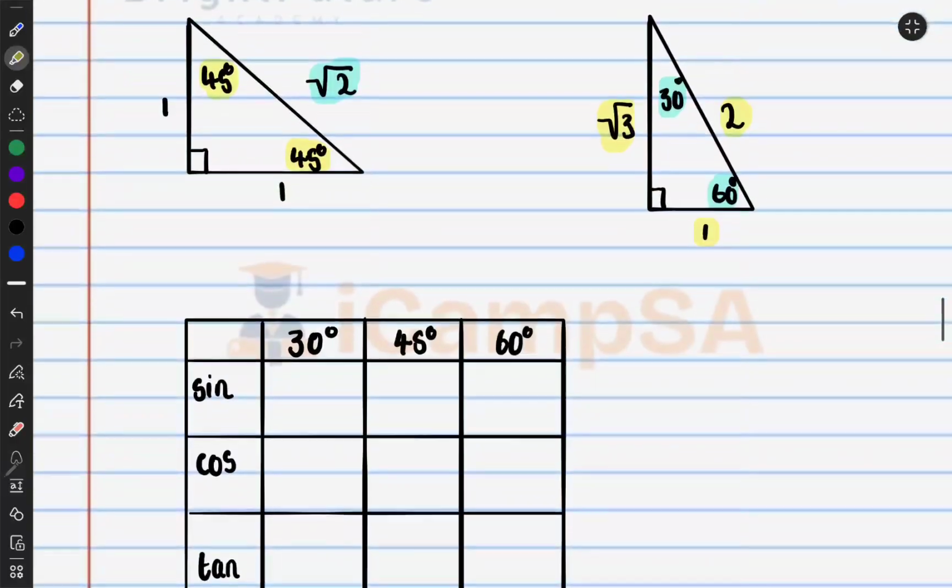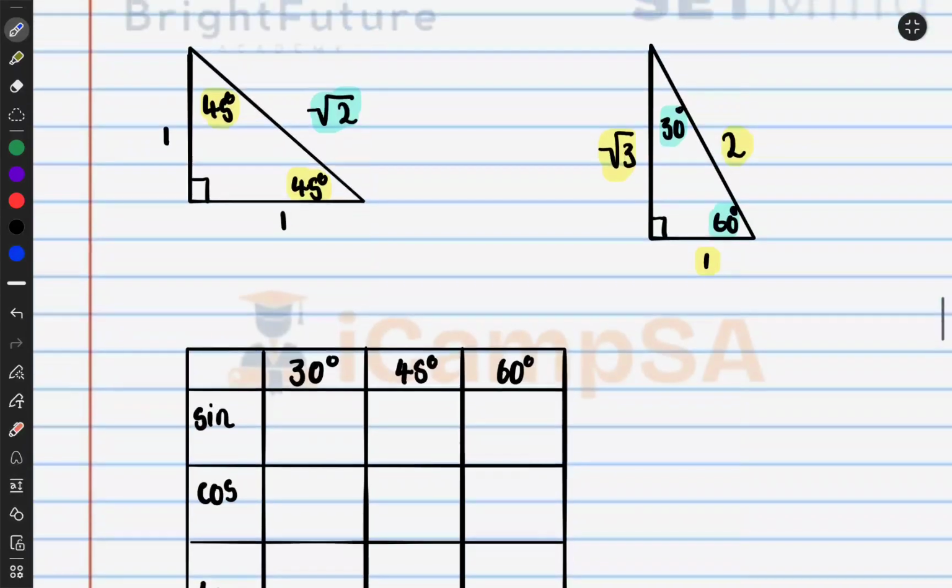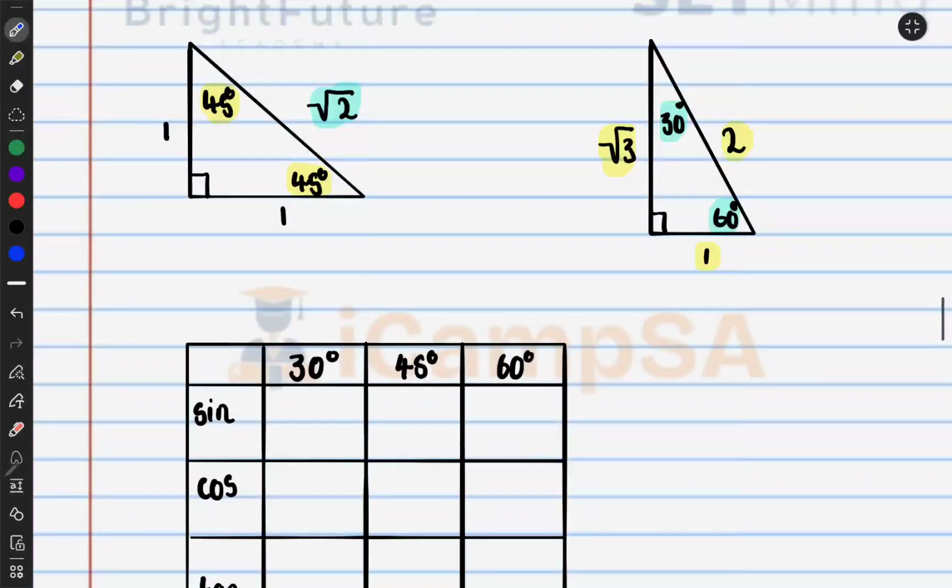So if you are asked to quickly fill in the table, to find the sine of 30 degrees, you simply come to your special triangle. The side facing 30 degrees is 1, over the hypotenuse, which is 2. So sine of 30 degrees is 1 over 2.